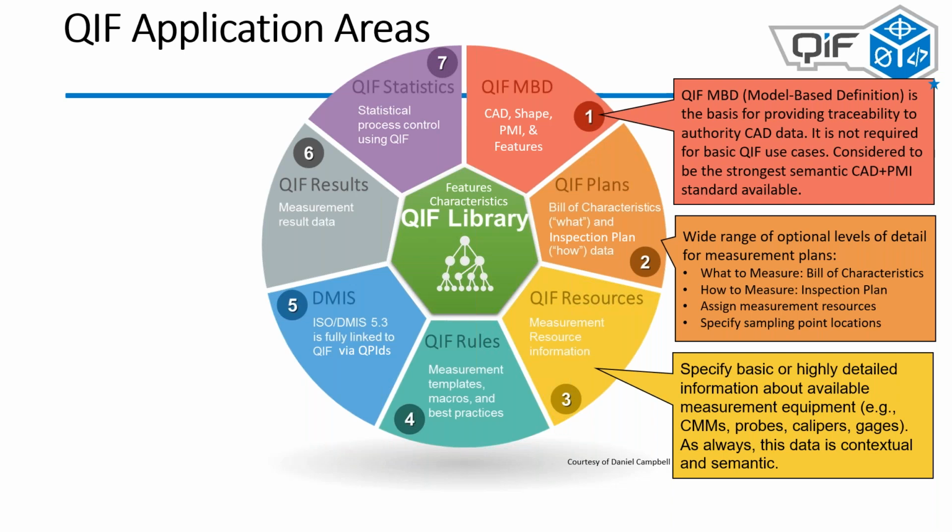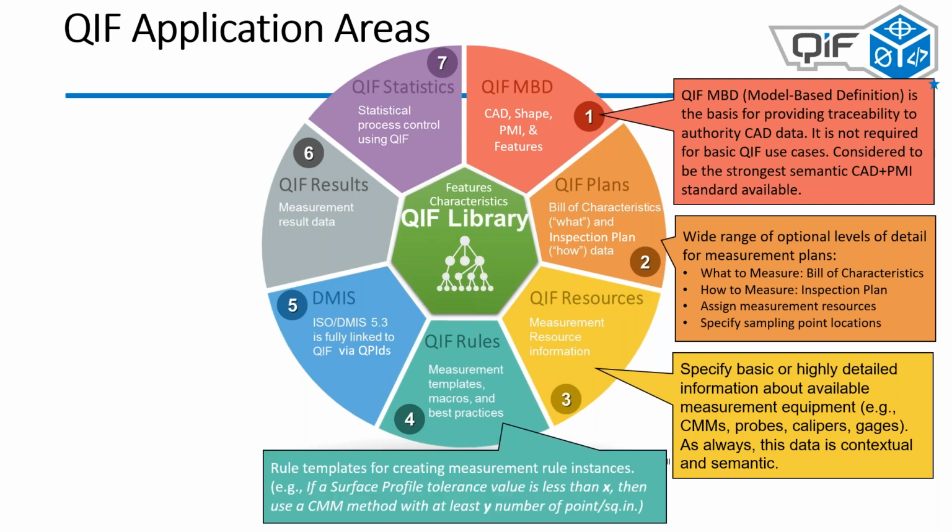So there is a format for people to capture their measurement resource information, whether that might be coordinate measurement machines, probes, calipers, gauges. We need structured data so that we could read this information for making decisions, either by the human or by automation.